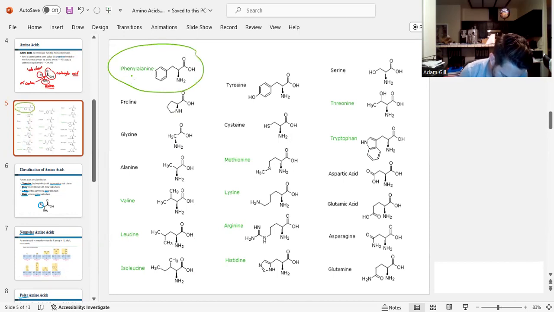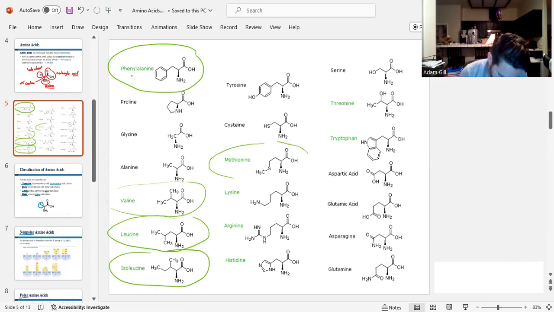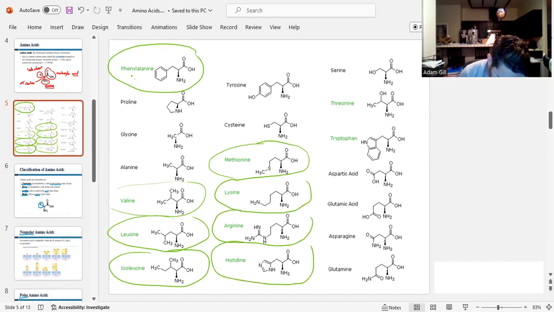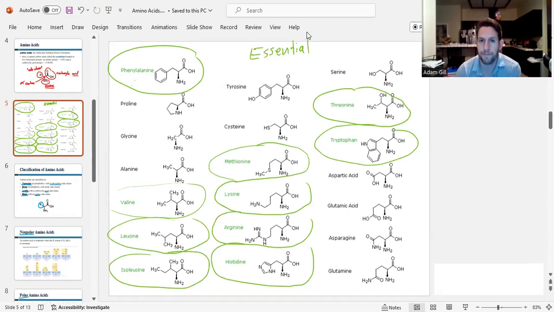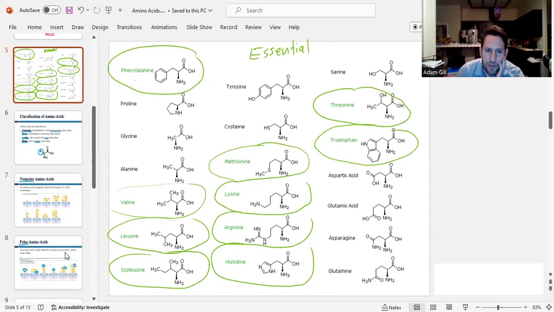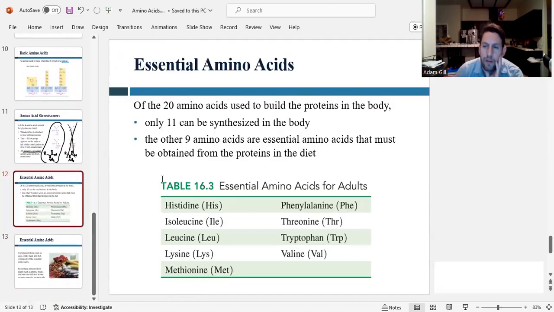So phenylalanine, valine, leucine, isoleucine, methionine, lysine, arginine, histidine, tryptophan, and threonine. These are your essential amino acids. And so what do we mean by essential? Well, your body cannot make them, which means you have to get it from your diet.